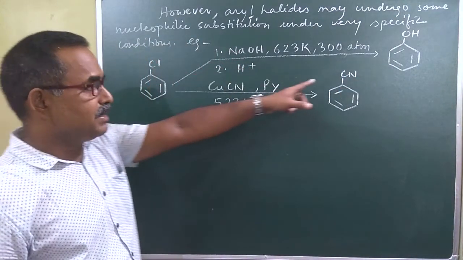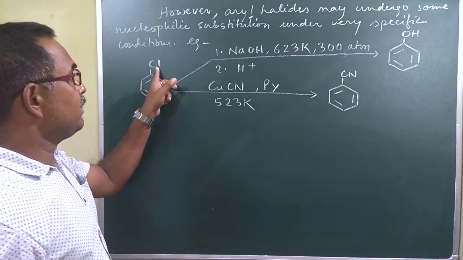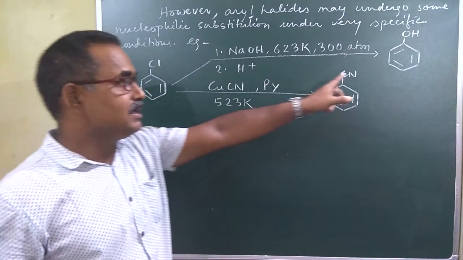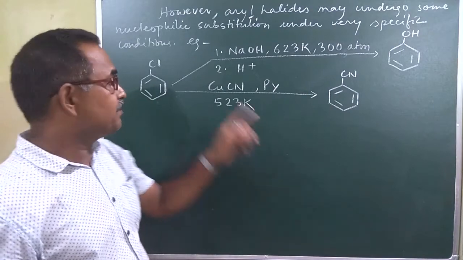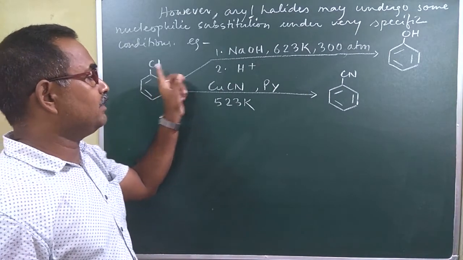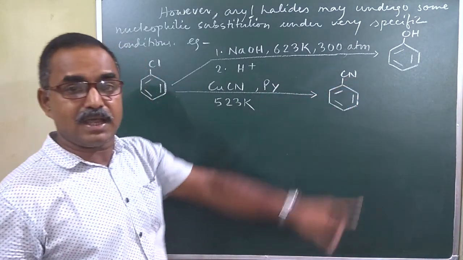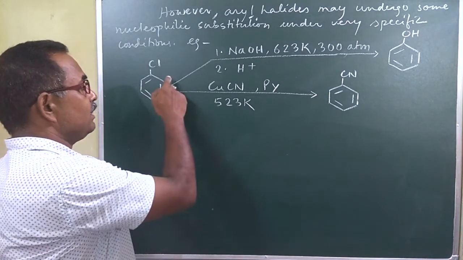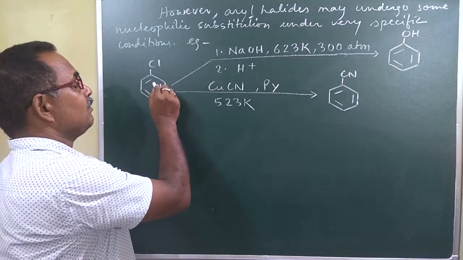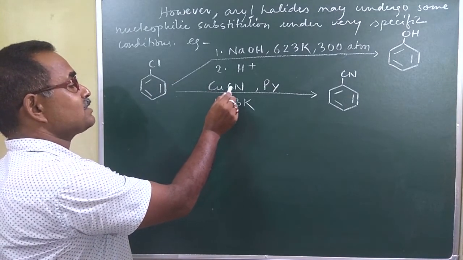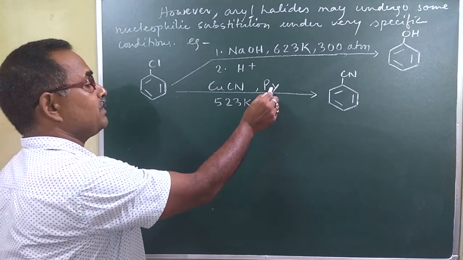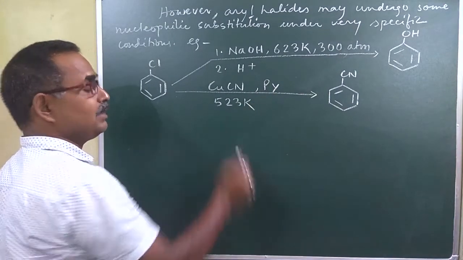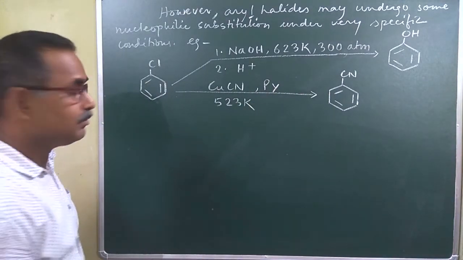So Cl minus, chloride ion, is replaced by CN minus, cyanide ion. This is a nucleophilic substitution. It is achieved by treating chlorobenzene with cuprous cyanide in presence of pyridine catalyst at 523 Kelvin temperature.